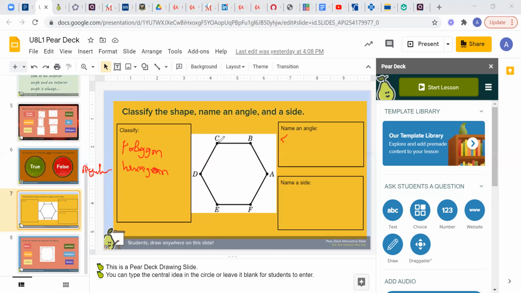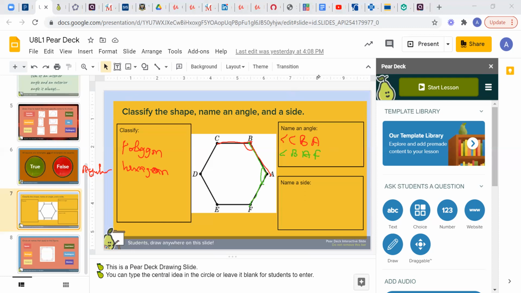Here, if you move from C to B to A, the angle from here is CBA. This is an angle. If you move from B to A to F, the angle that is formed at B, A, F is also an angle. So you go like that.